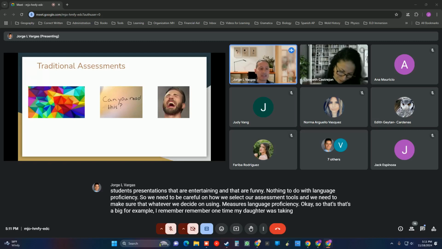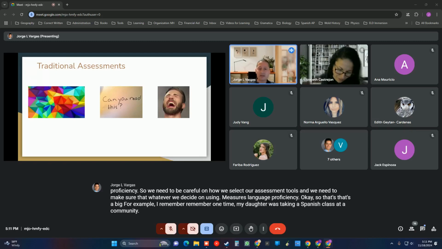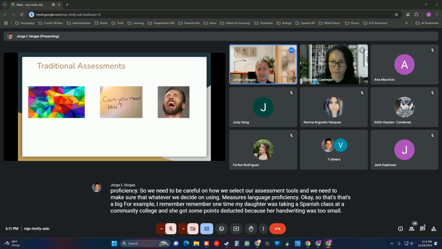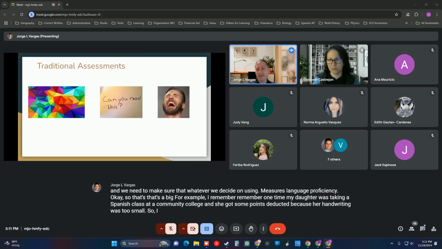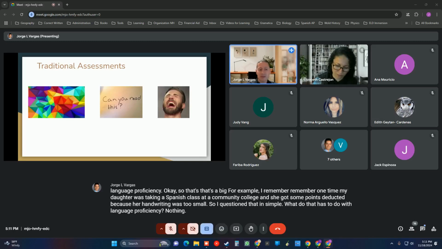And of course, the course probably was not focusing on language proficiency, but on something else. Deducting points because the handwriting was too small didn't make any sense, right? So we need to be very careful with what we measure and how we communicate that to students as well.